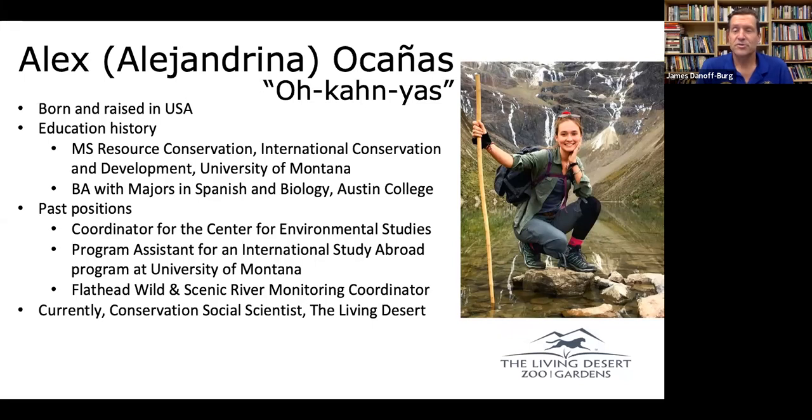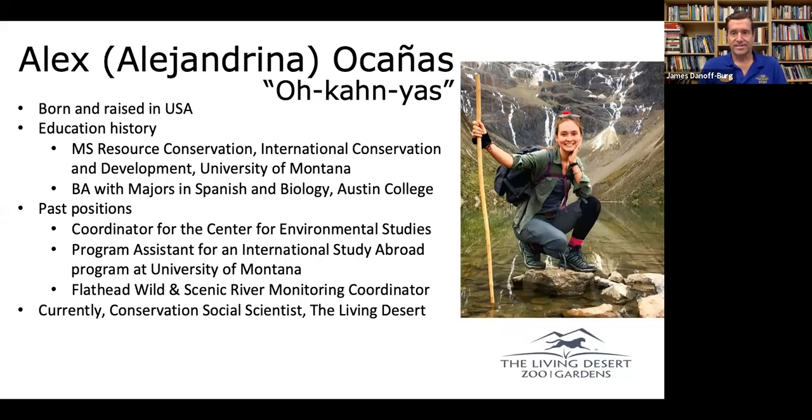She got her undergraduate at a small liberal arts college in Texas called Austin College, and recently a master's of science in resource conservation at the University of Montana. She's been a coordinator at the Center for Environmental Studies at Austin College, and also a program assistant for an international study abroad program at the University of Montana. And also on the side was a monitoring coordinator for the Flathead Wild and Scenic River.